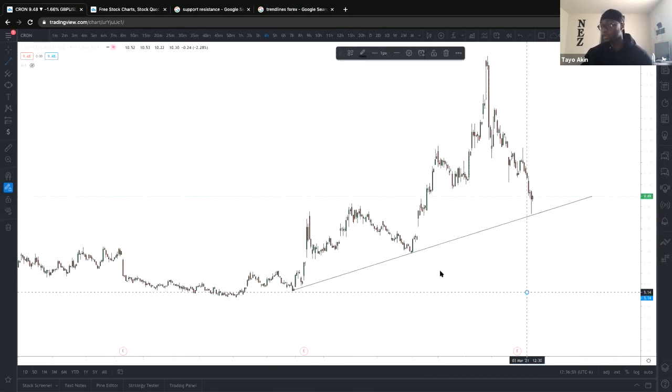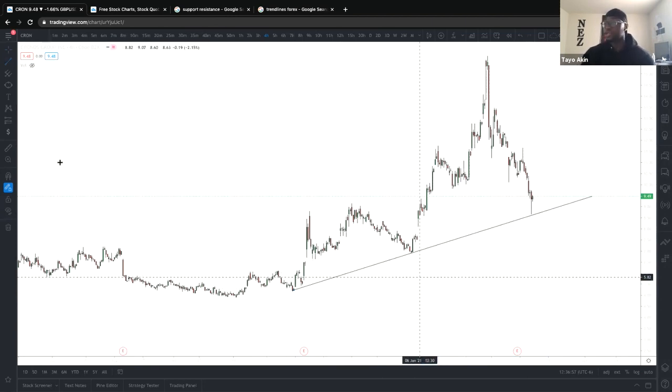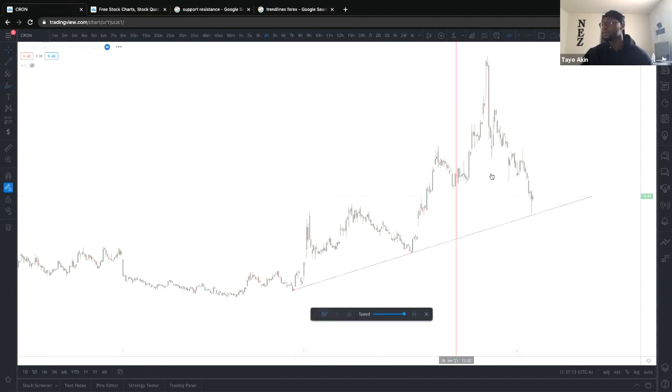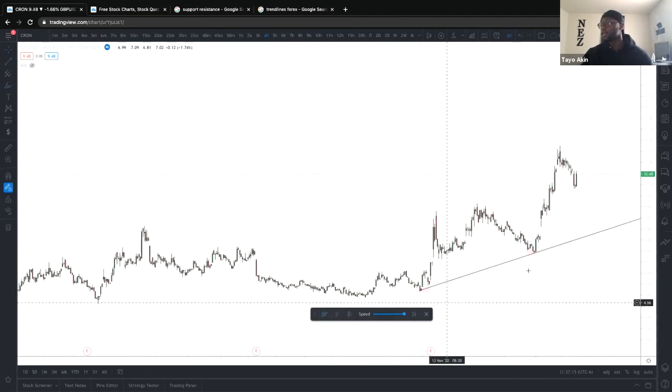What happens when I do that? Oops, rejection, rejection, rejection. Okay, so your first rejection occurred right there, all right? So if you saw this on November 4th, and then you saw this on December 20th, and then you draw this line, even if I took out all of this, this line still remains there.